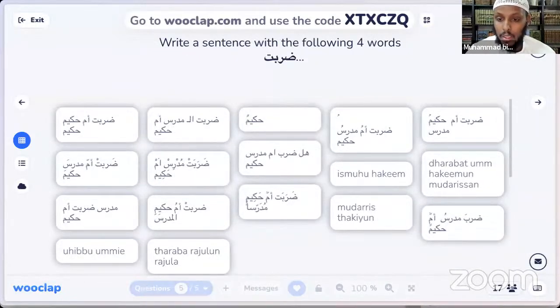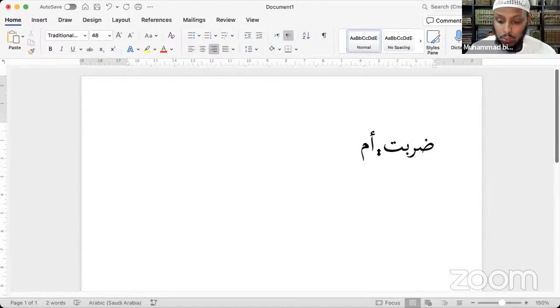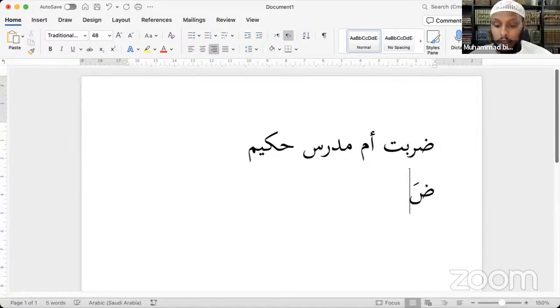I'll put them in the same order. These are the possibilities. I can say ضربت. I'm not going to add all of the harakat. I'm just going to add the harakat at the end so that you see what we were focusing on. Let's say ضربت.